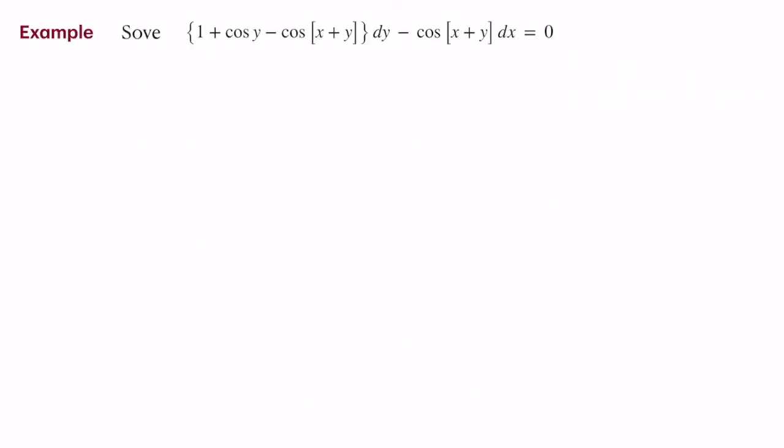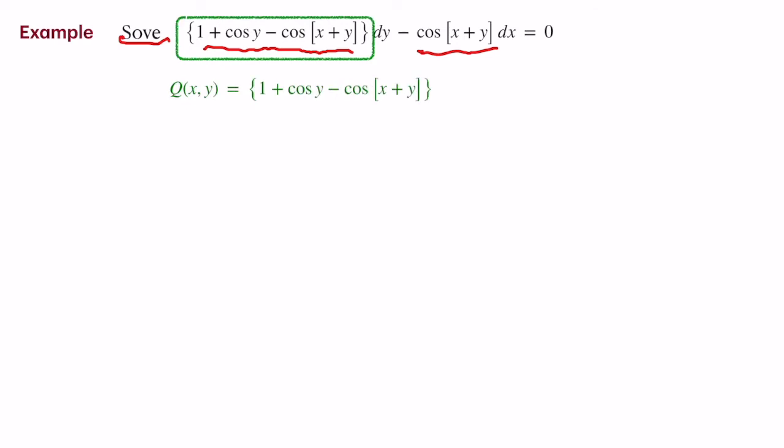Let us look at an example. Now the differential equation is given by 1 plus cos y minus cos of x plus y into dy minus cos of x plus y dx. We can easily identify 1 plus cos y minus cos of x plus y to be q of xy, that is the coefficient of dy, and minus cos of x plus y to be p of xy, which is the coefficient of dx.